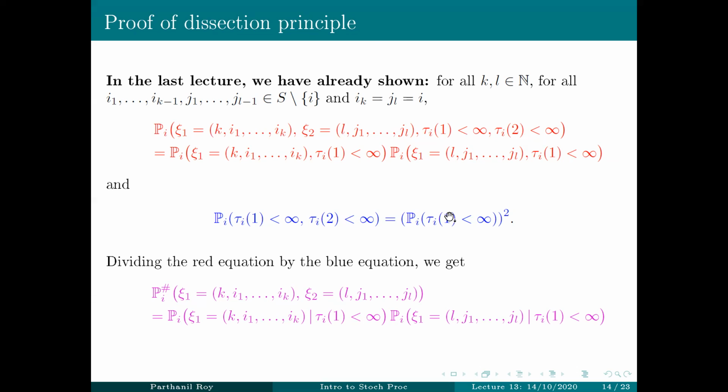On the right-hand side, this becomes a conditional probability and this becomes a conditional probability, because you have a square of this and you're dividing by that: one here and one here. So dividing the red equation by the blue equation, you get this violet equation, which is just a statement about conditional probabilities. This is the reason why we kept these redundant events, so that we can finally get to the conditional probabilities.